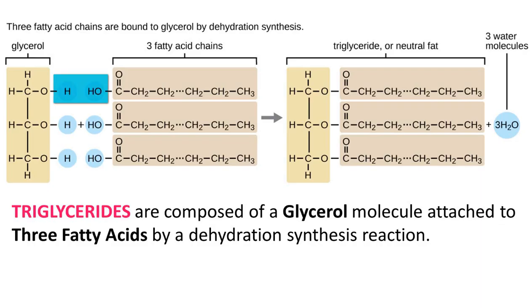If one fatty acid reacts with one hydroxy, that is a monoglyceride, two fatty acids with two hydroxy, that leads to formation of diglycerides. And if three fatty acids react with three hydroxy groups of the glycerol, that forms the triglycerides. And these triglycerides are composed of glycerol attached to three fatty acids by a dehydration synthesis reaction.